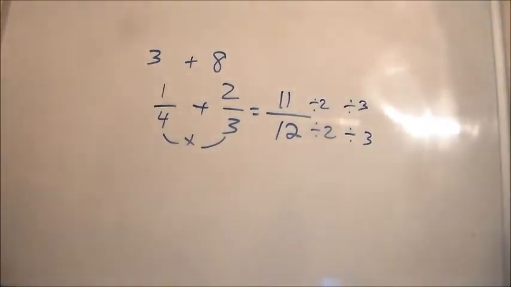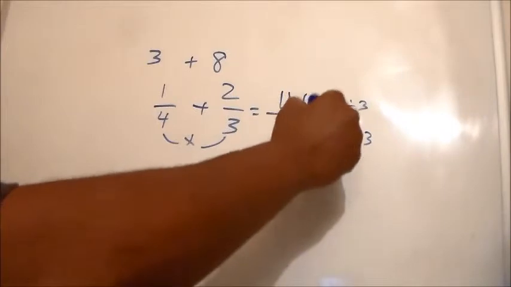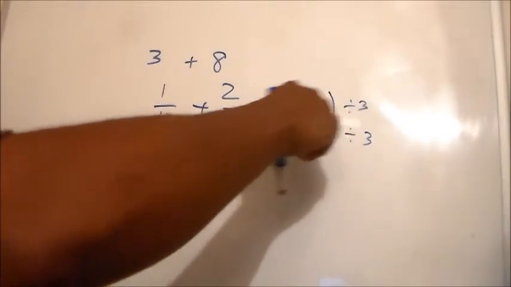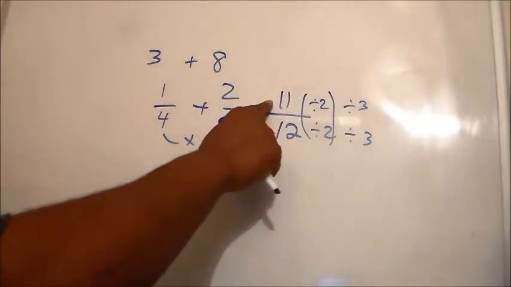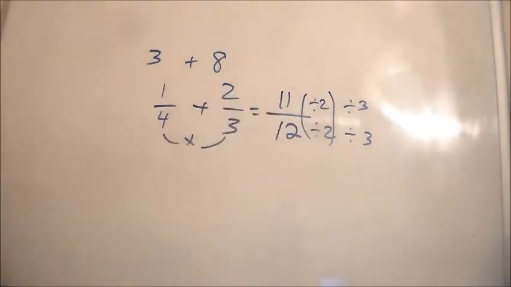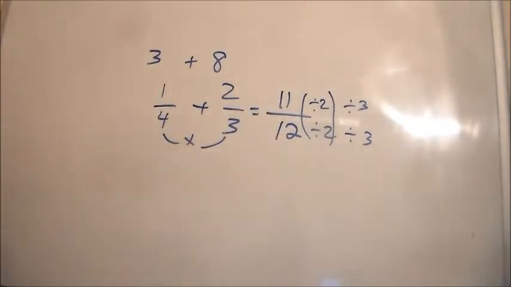I'm not saying that's the end all be all, but if I can't divide the top and bottom by 2 and get whole numbers in the numerator and the denominator, if I divide this by 2, it'd be 5.5. 5.5 can't be a numerator. If I divided this by 3, it would be 3 remainder something, but it'd be a decimal or a fraction.